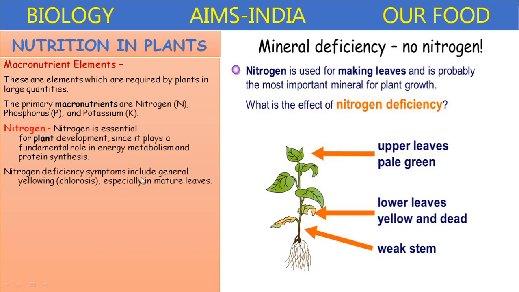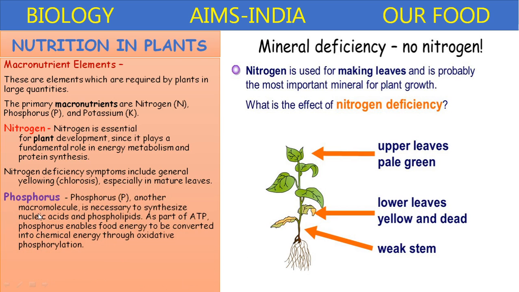Nitrogen deficiency symptoms include general yellowing, chlorosis, especially in mature leaves. See here, nitrogen is used for making the leaves and is probably the most important mineral for plant growth. In its deficiency, the upper leaves, meaning young leaves, are pale green, and lower or mature leaves become yellow and dead. That is called chlorosis, loss of chlorophyll turning the leaf yellow. Then the stem also becomes very weak in prolonged nitrogen deficiency.